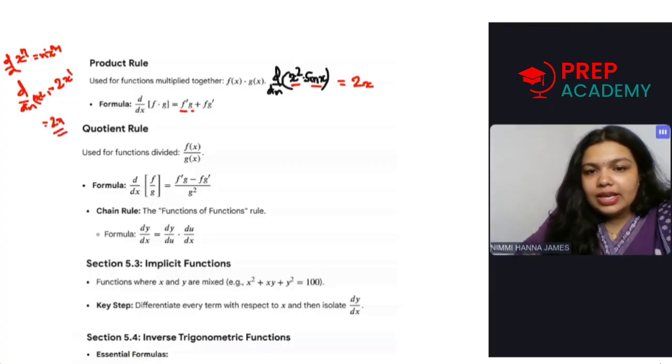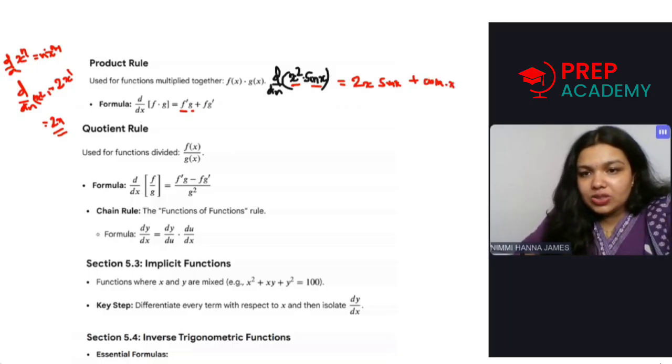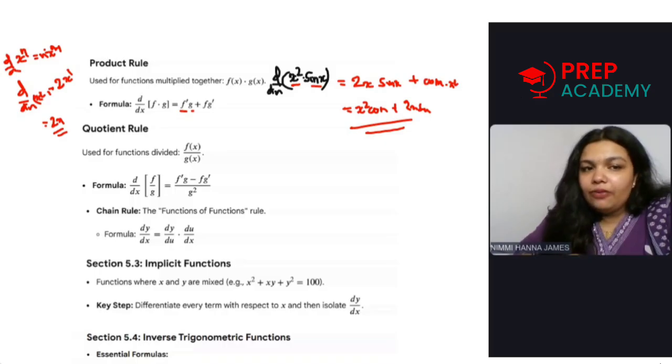It is 2x, and we keep sin x there, plus, using the product rule, sin x, the derivative of sin x is cos x, keeping the x square there. So this is x square cos x plus 2x sin x. This is the derivative. This is how we differentiate the product of two functions using the product rule.